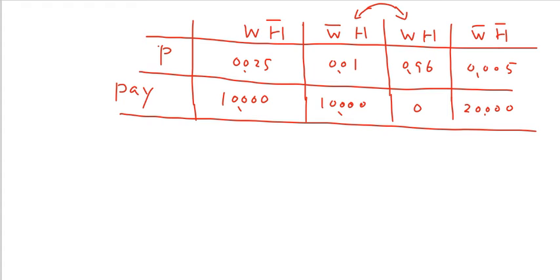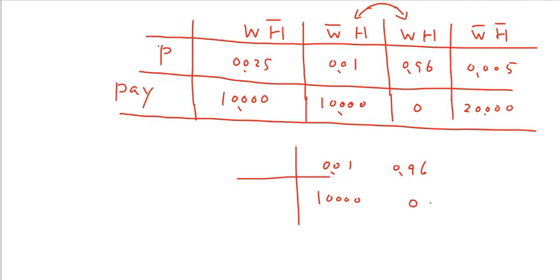So here this is 0.01 and 0.96. Here the payment is 0, right? So we have only those 2 cases.